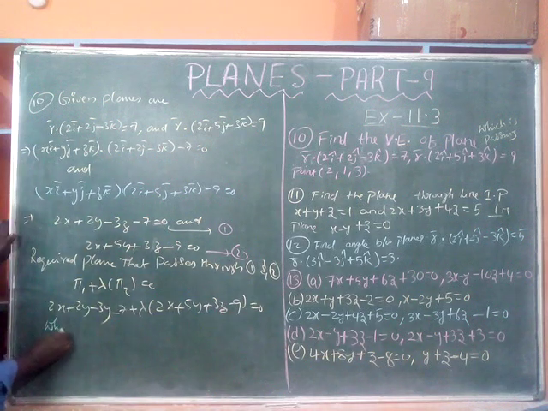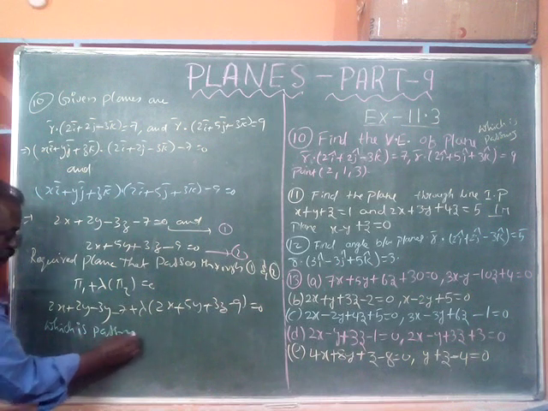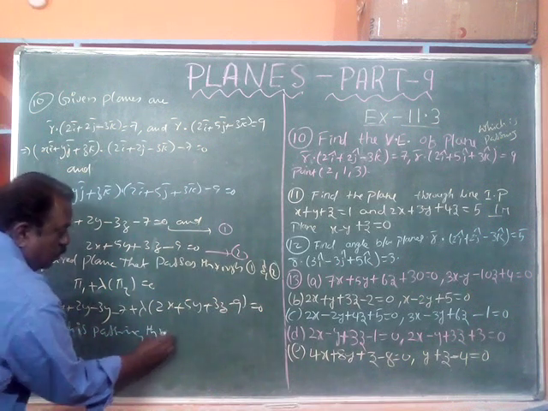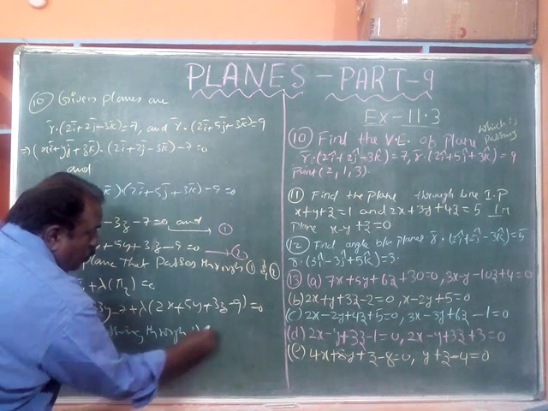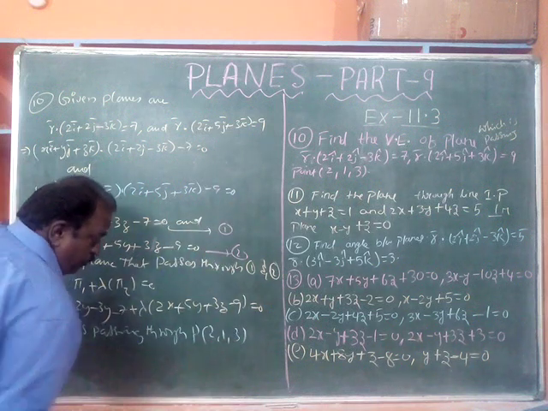Which is passing through the point P (2, 1, 3).